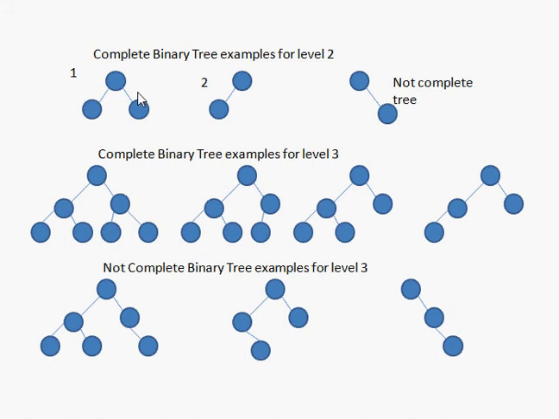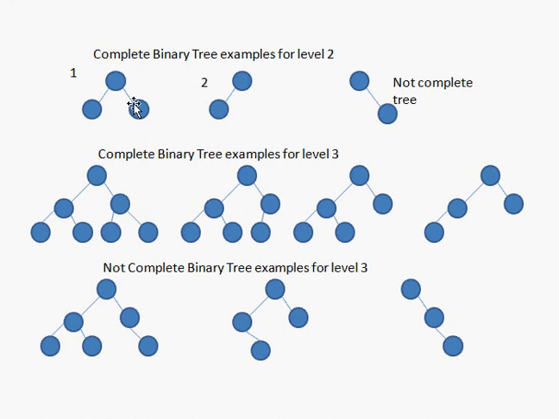Now suppose you want to remove one element. Don't try to remove this element, try to remove this one. While removing an element from a tree, first give importance to the right subtree while deleting.